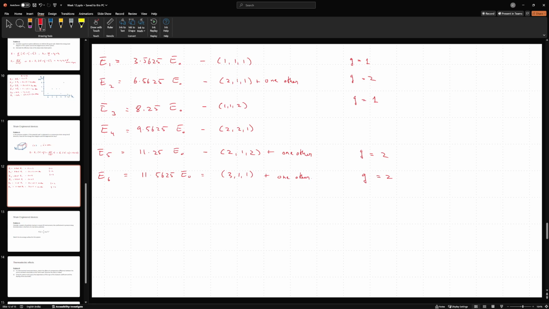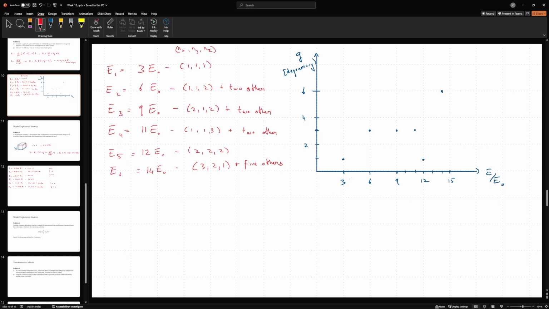So, just to be sure, it's going to be 1 plus 9 plus 1 plus 6. So that's 9 plus 8, 17 divided by 6. So that's almost 2.33. So that is like an average degeneracy of 2.3.